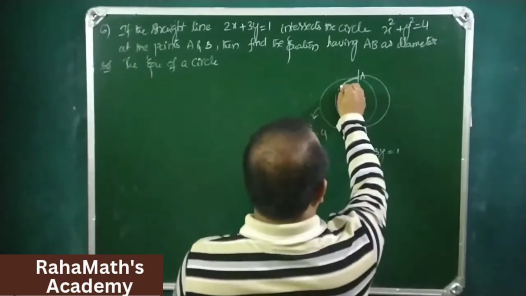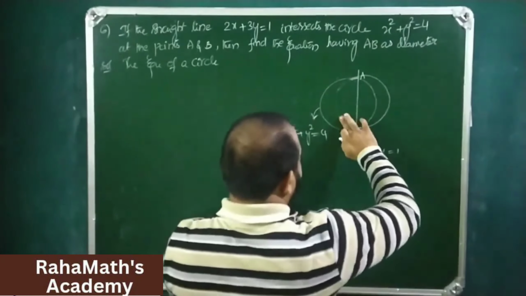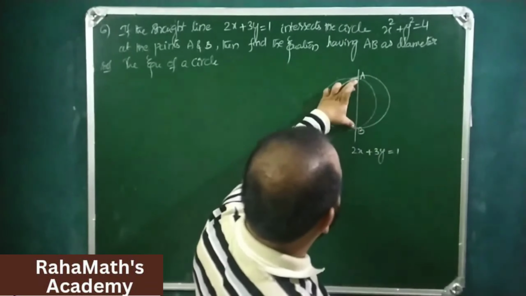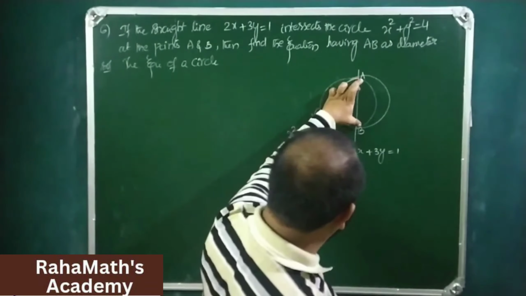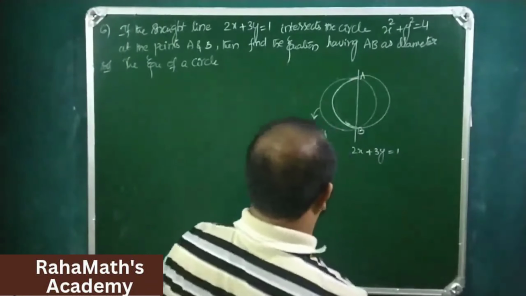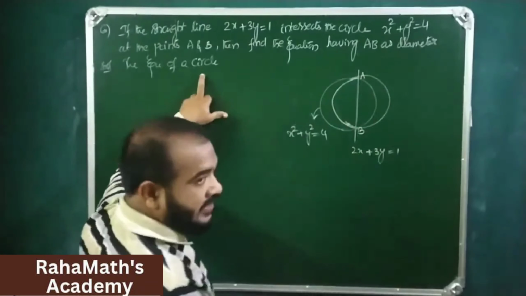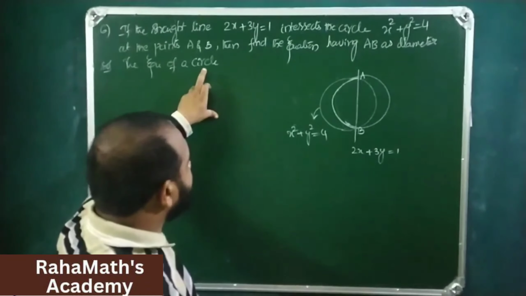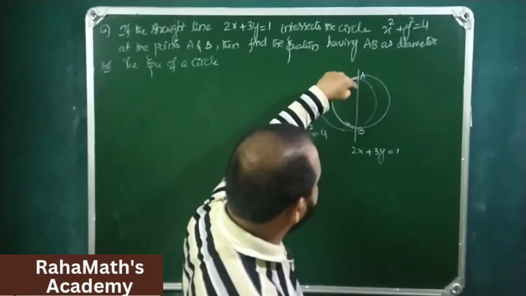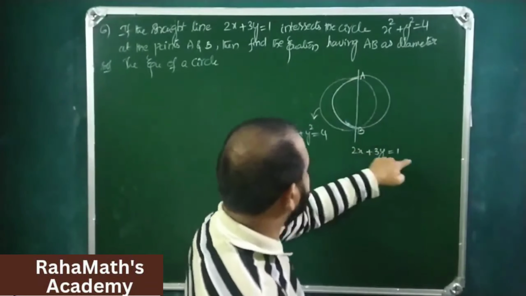This is the circle. This is the required circle equation, and for this required circle, find the equation of the circle having AB as a diameter. Diameter means the center of this required circle lies on this line.